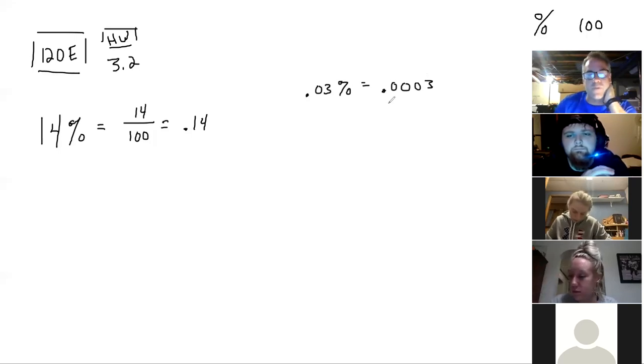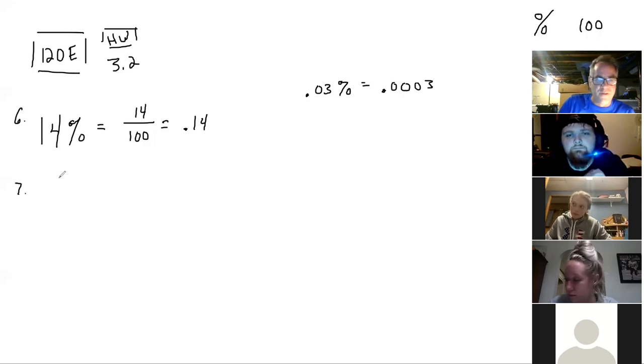If you have a number in decimal form and you're asked to convert it to a percent, then you move it to the right twice and then attach your percentage symbol. All right. That was problem number 6 on the homework.